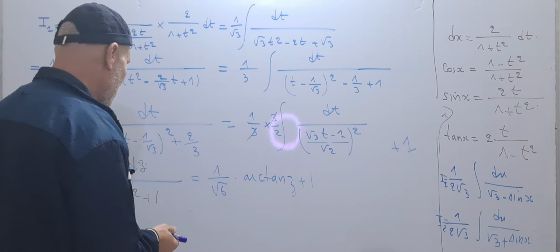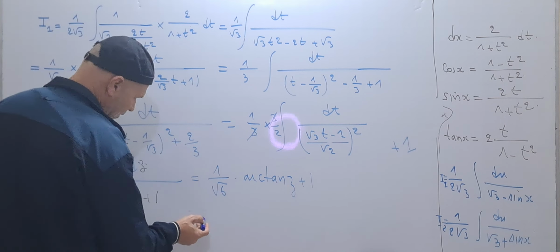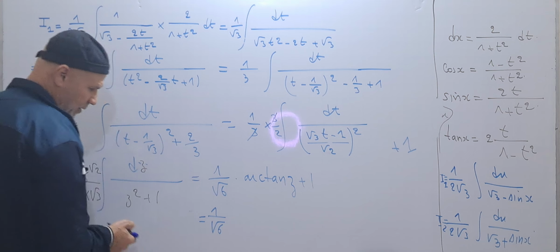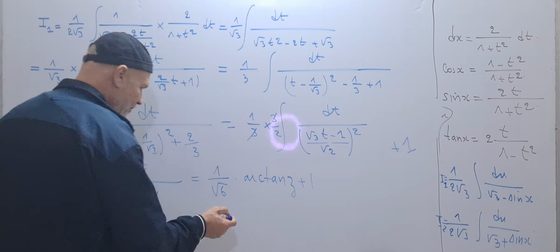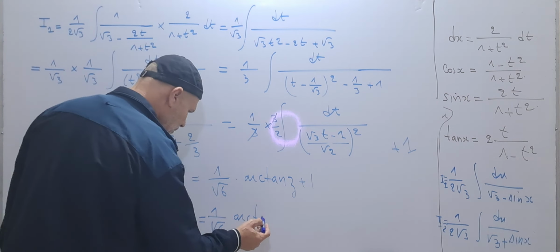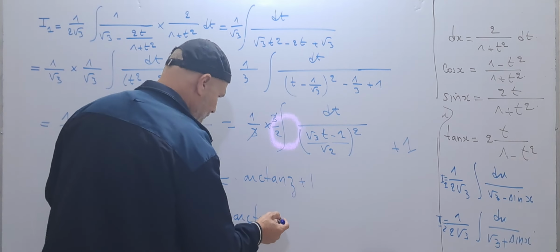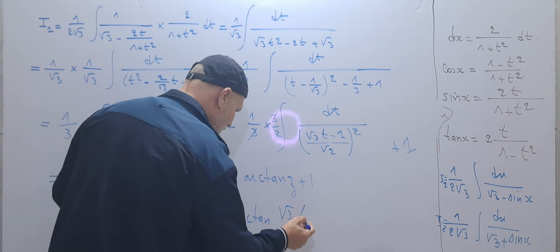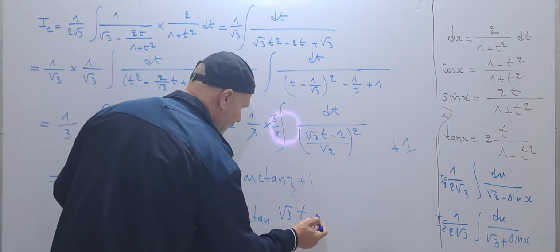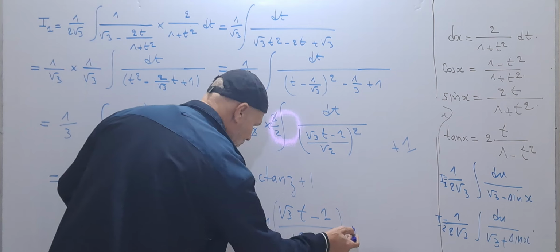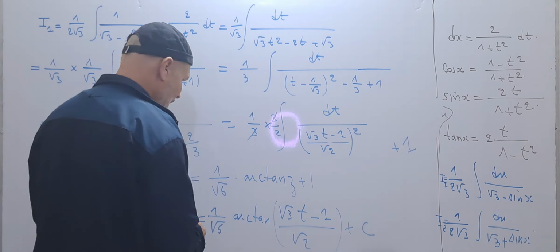Arc tangent z, this means 1 over the square root of 6, arc tangent of z, the square root of 3t minus 1 over the square root of 2 plus a constant.